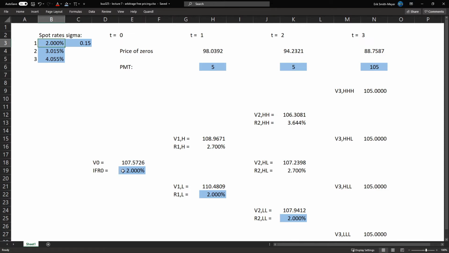This rate we do know, and this is the rate we would discount any cash flow in year 1 with to get the present value at time 0.